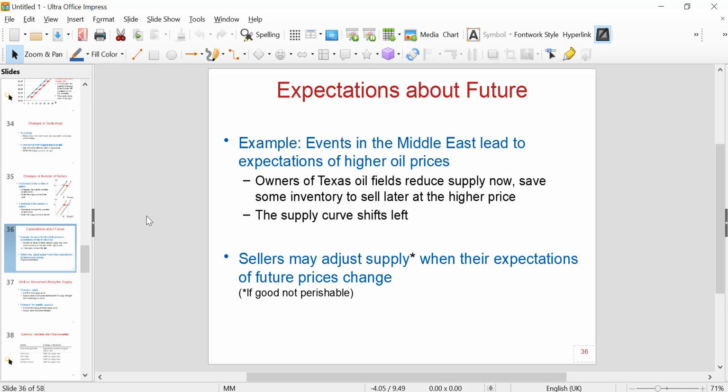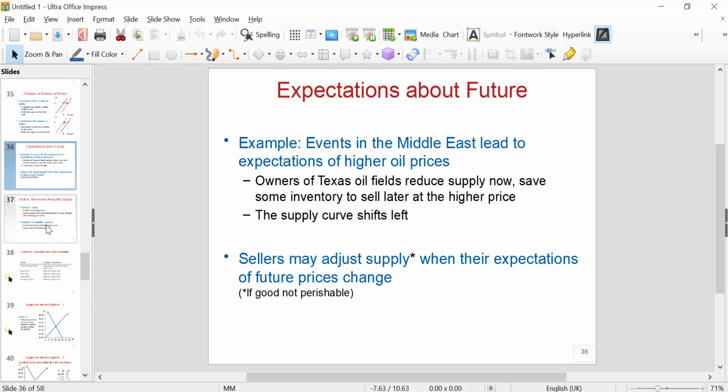So, depending on the expectations and sentiment of suppliers, this decision to supply or not affects the curve.